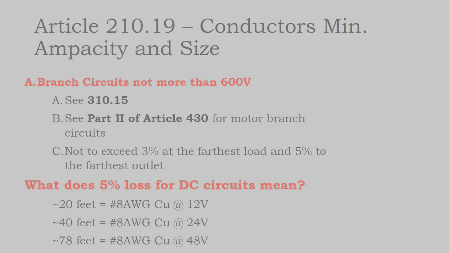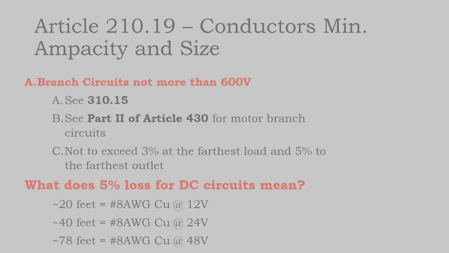Article 210.19, conductors, minimum ampacity and size. So we have branch circuits that are sized for not more than 600 volts. And then sometimes in code, there are other sections for circuits that are greater than 600 volts, which get into non-residential electric services.